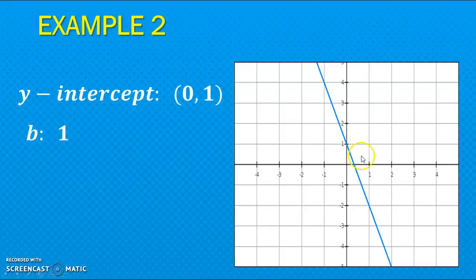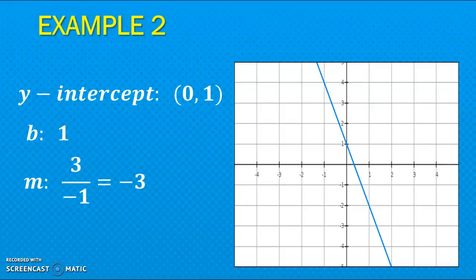We make the up and down move first. We're going down, so it's 1, 2, 3 down, which is -3 because we went down. Then I go over 1 to the right, which is +1. So my slope is -3/1, which reduces to -3.